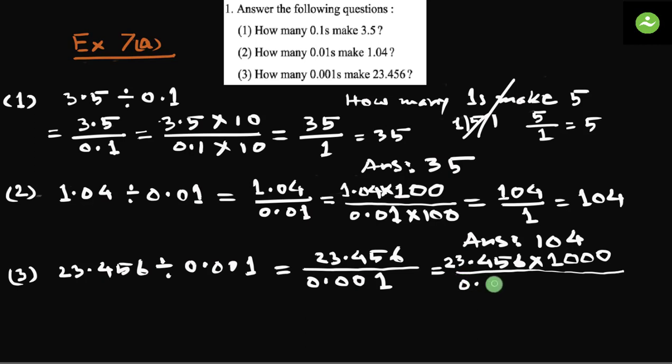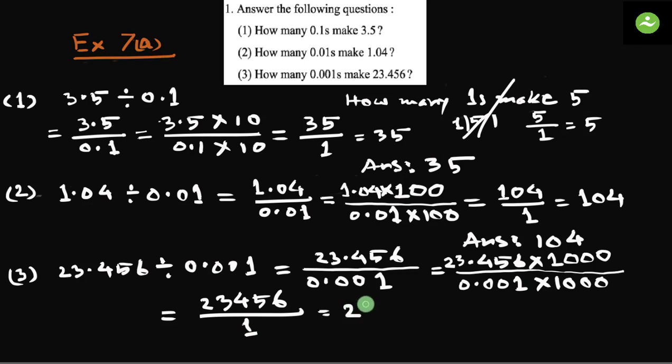Similarly, 0.001 into 1000, the same number. Now we can remove the decimal: 23456 over 1 equals 23456. The answer is 23456.